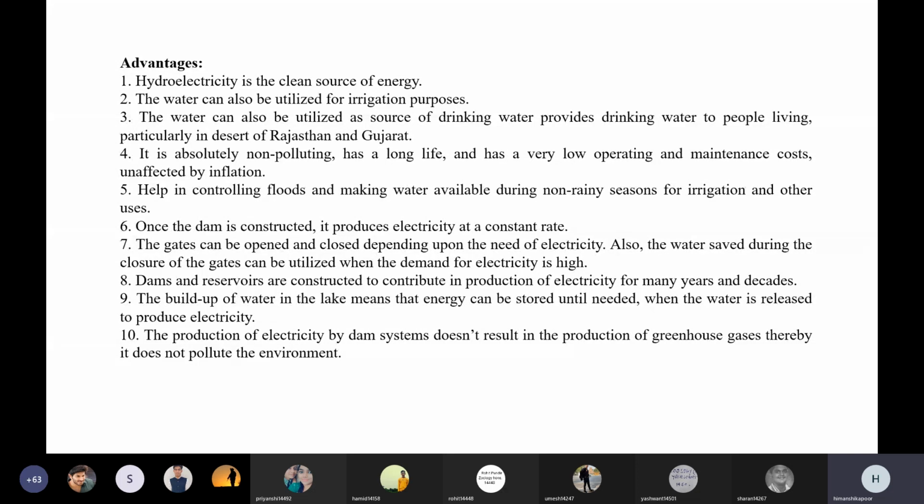So it is advantageous. And again, the water which is being stored in dams can also be used to irrigate the fields nearby. So in a way, hydroelectricity can also indirectly contribute to the irrigation of the fields, because the water which is stored can be utilized to irrigate the fields.